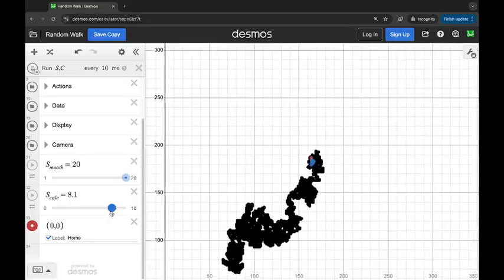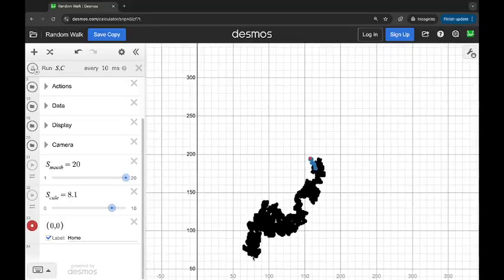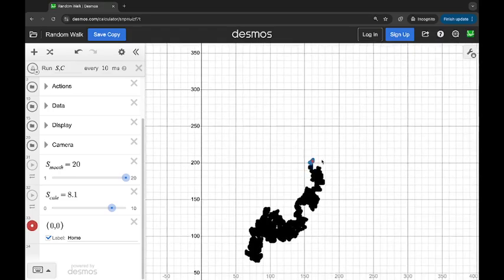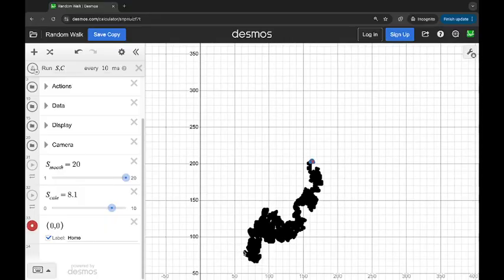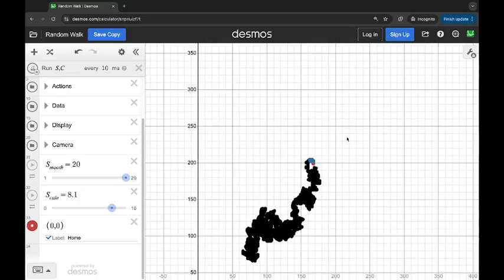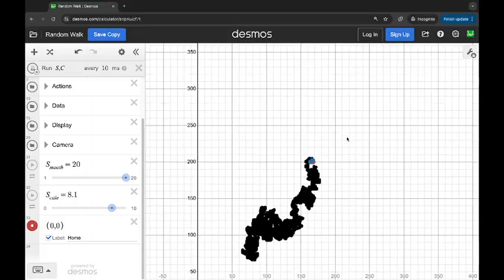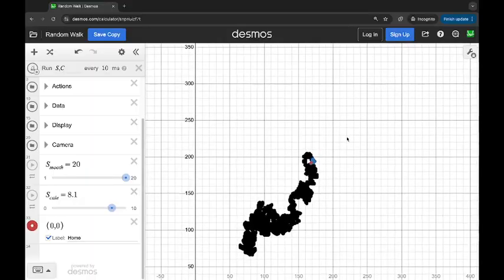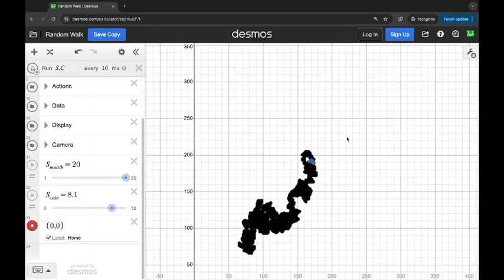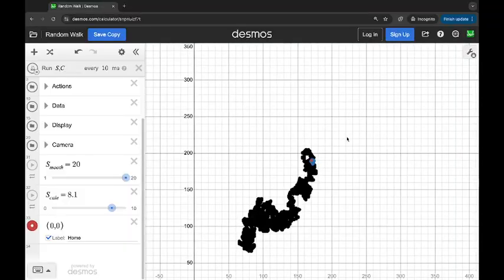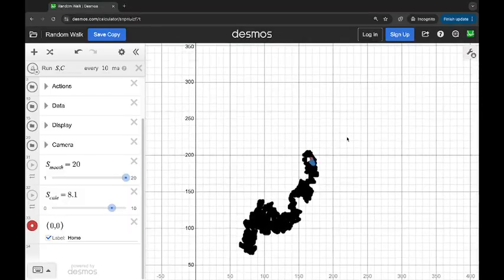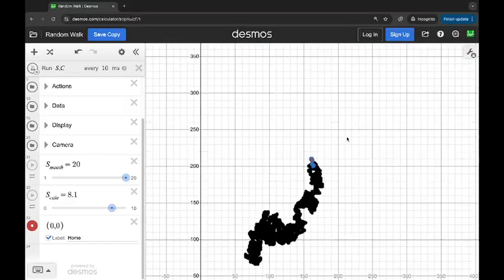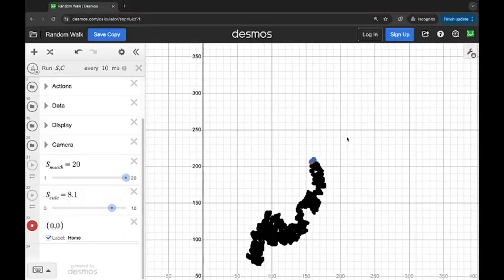He went from here all the way up there. He went over 100 units up and to the right. If you guys want to know some math, if you do a random walk, on average, the maximum distance you will walk is the square root of the number of steps, sorry.